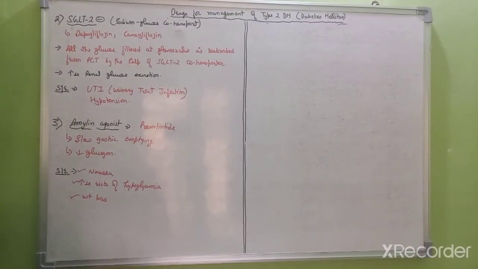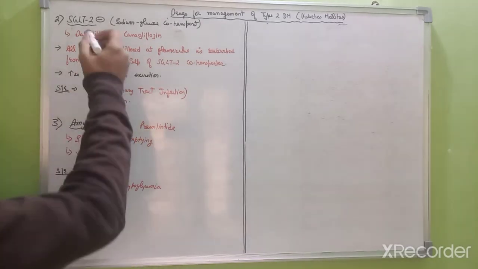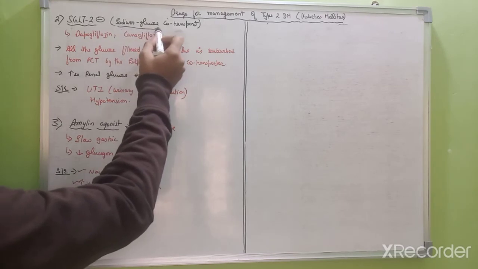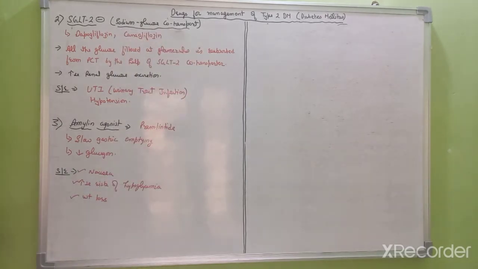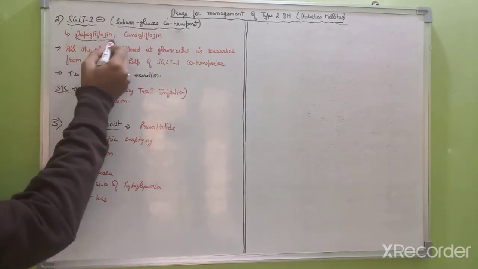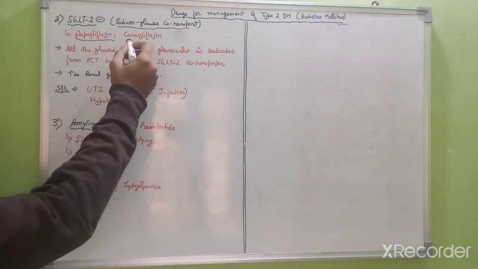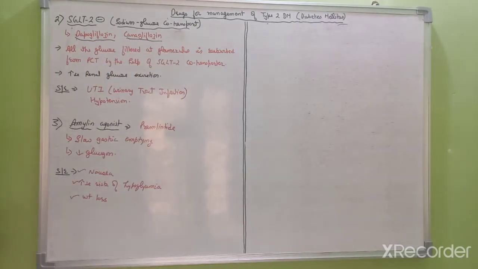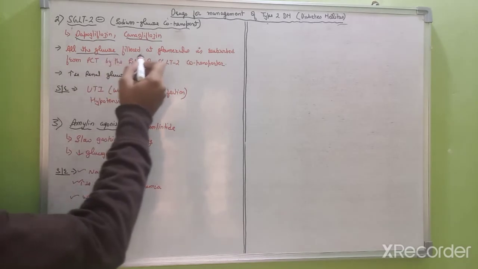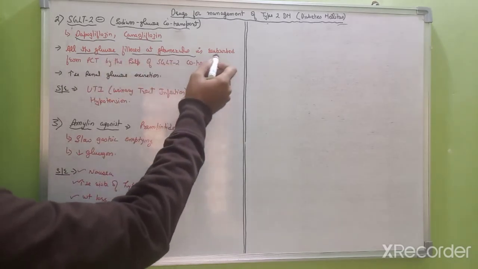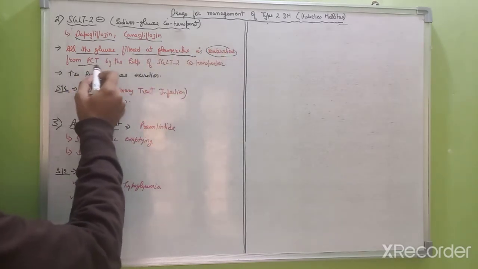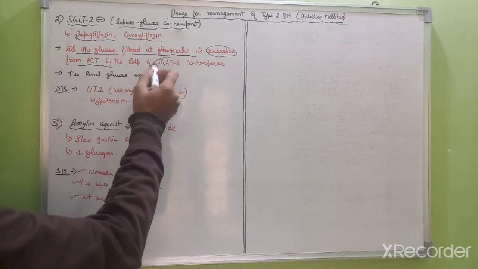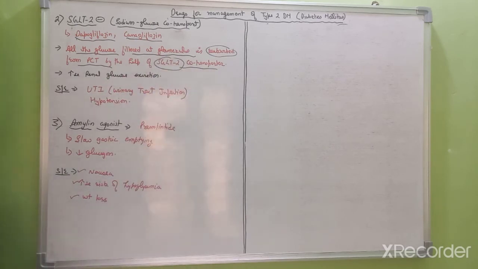Next is SGLT2 inhibitors. SGLT2 stands for sodium glucose co-transporter. In this category, the drugs are dapagliflozin and canagliflozin. All the glucose filtered at the glomerulus is reabsorbed from the PCT with the help of the SGLT2 co-transporter.